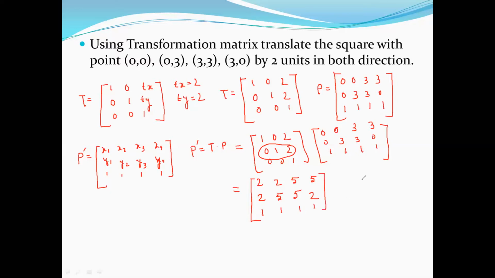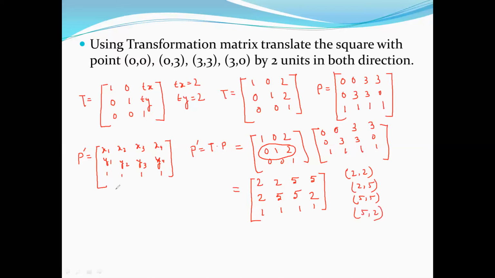So that means the points of the square after translation are 2, 2, then 2, 5, then 5, 5, and then 5, 2. Okay.